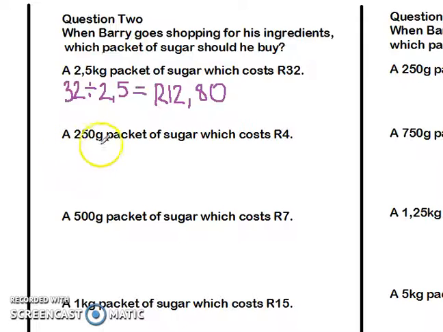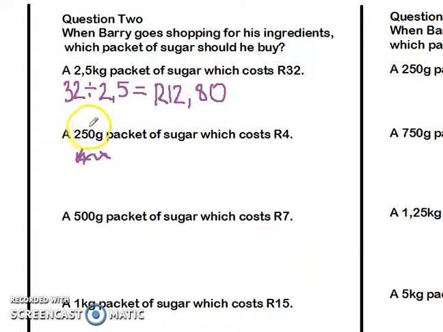For 250 grams of sugar, it costs 4 rand. Now this is an interesting one because we need to, let's just rethink this quickly. We've got 250 grams for a packet of sugar. We've done the measurement in kilograms.